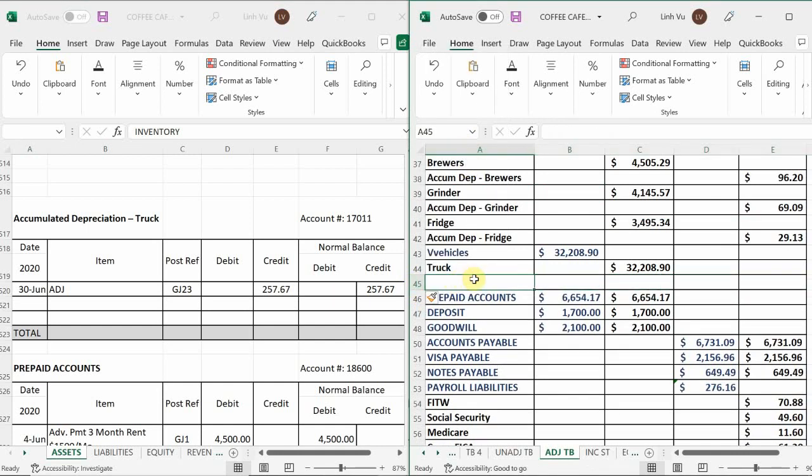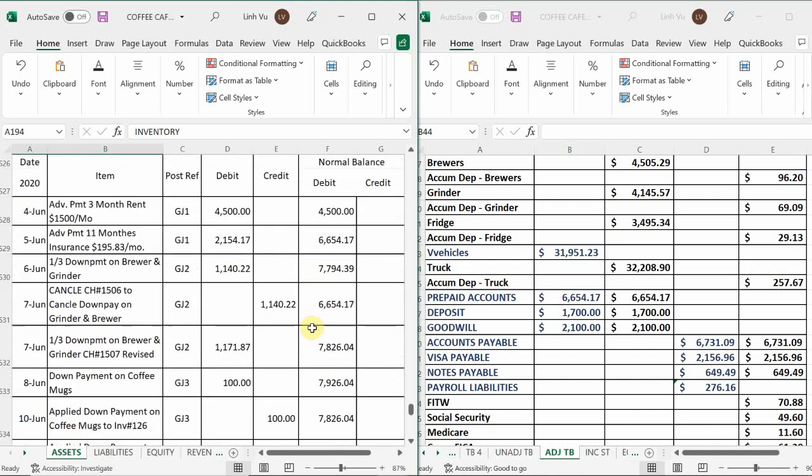Okay, and that's going to decrease the total value of my vehicle by $257.67. It's going to be my truck minus the accumulated depreciation. My vehicle now is standing at $31,951.23.